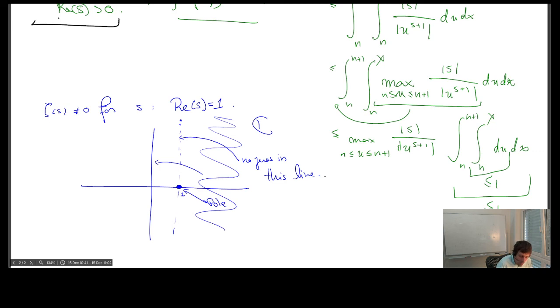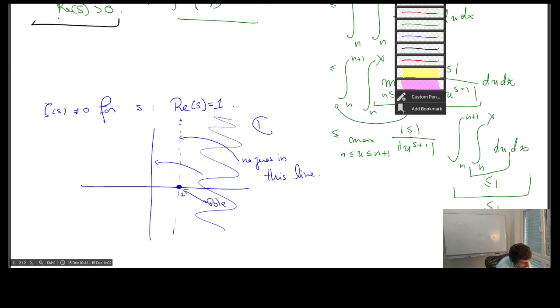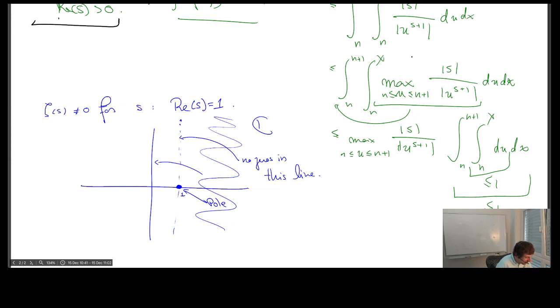Now, the way we're going to show no zeros on this line will take us 20 minutes, maybe. In this paper it's like 2 lines, but it takes a bit to process the 2 lines. The original proof, I think, was something like 25 pages of analysis. And the celebrated Riemann hypothesis, perhaps the most famous problem in mathematics, says that this is true all the way up to the critical line, where the real part of s is equal to a half.